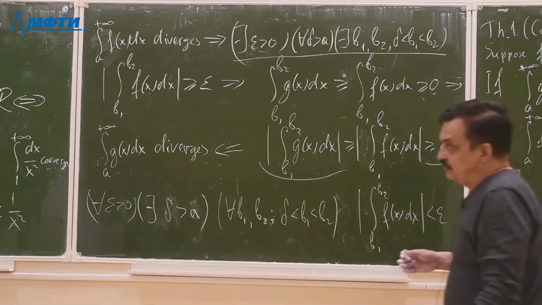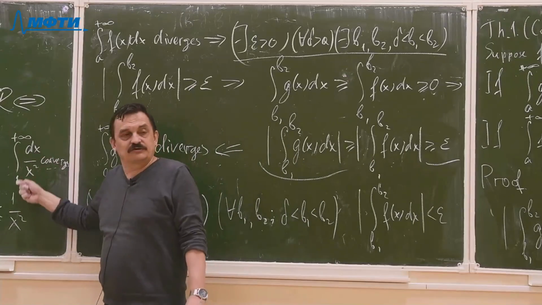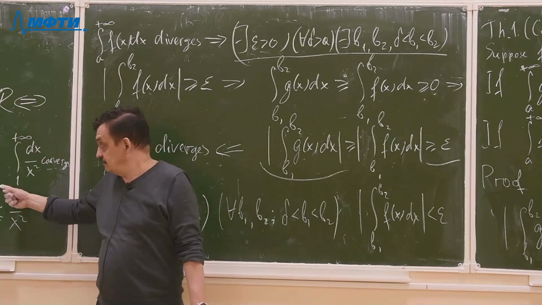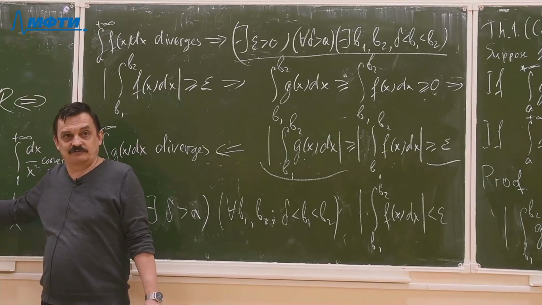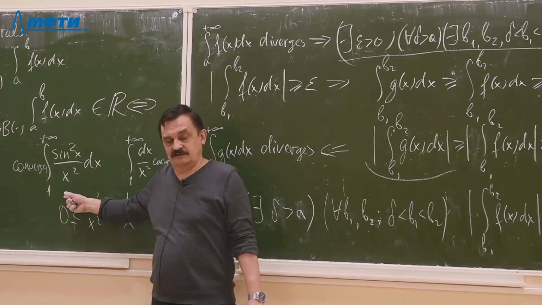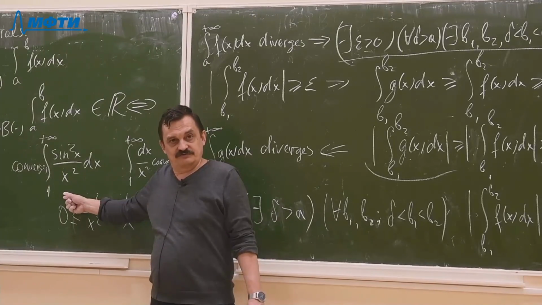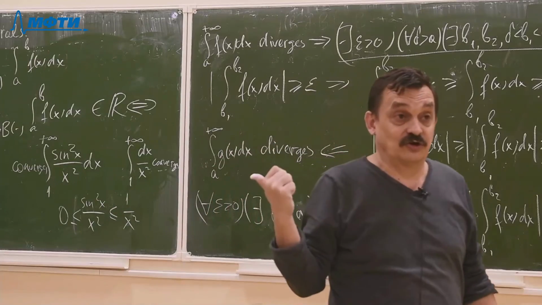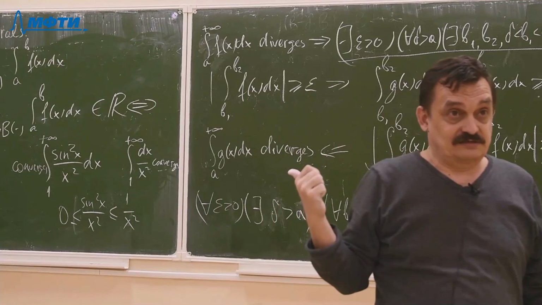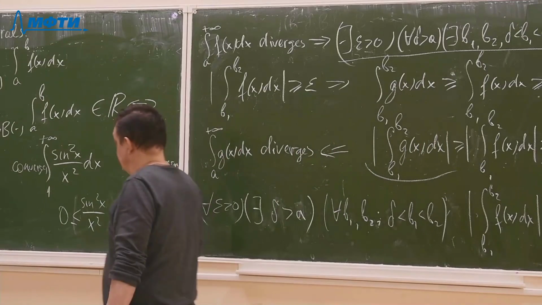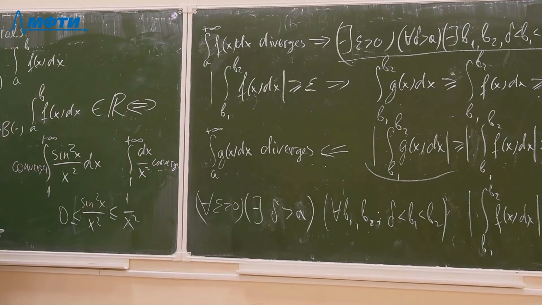You see, here I could compute the integral explicitly, right? But it's impossible for that one. You cannot find a primitive. But nevertheless, it has a sense. It is finite. So you can use it as a number.